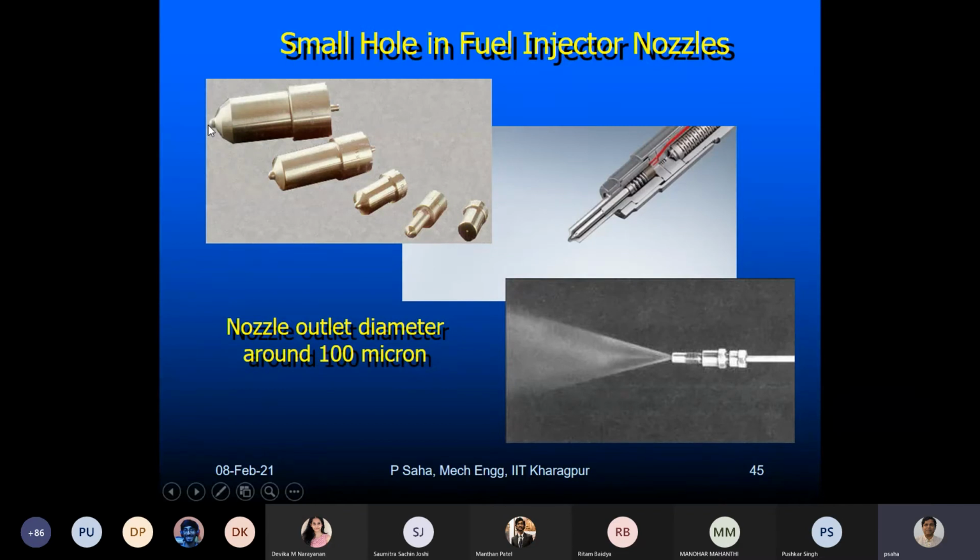On the tip of it there will be a small hole which goes through. Now the question is, how do you fabricate such a nozzle outlet diameter of around 100 micron, 0.1 millimeter? And it has to be consistent. If one part is like that, another part also has to be 100 micron only. It should not deviate, otherwise there could be inconsistency.